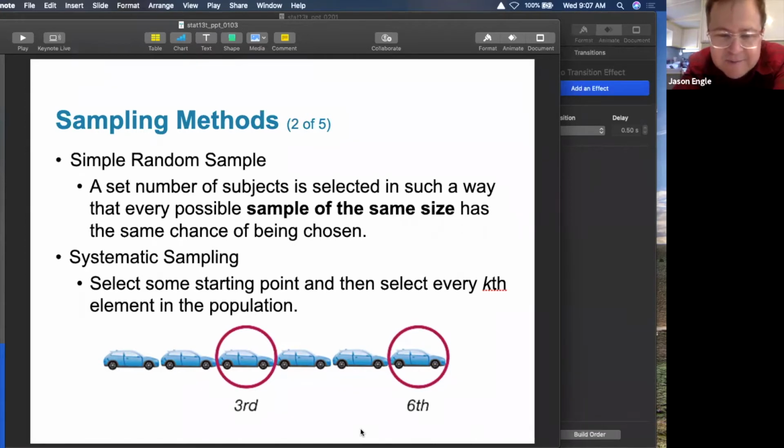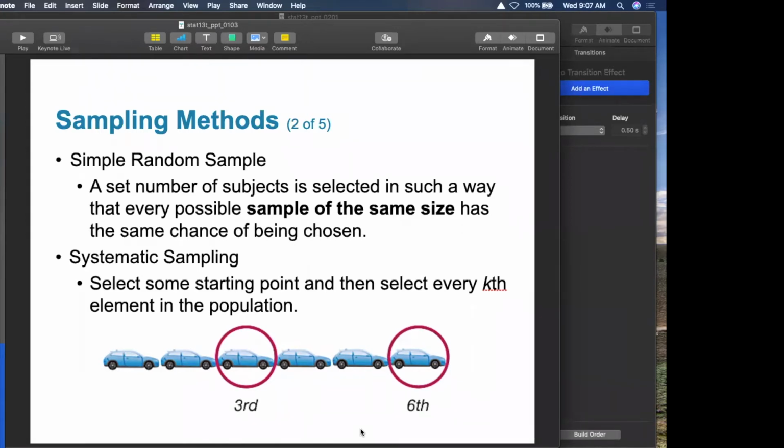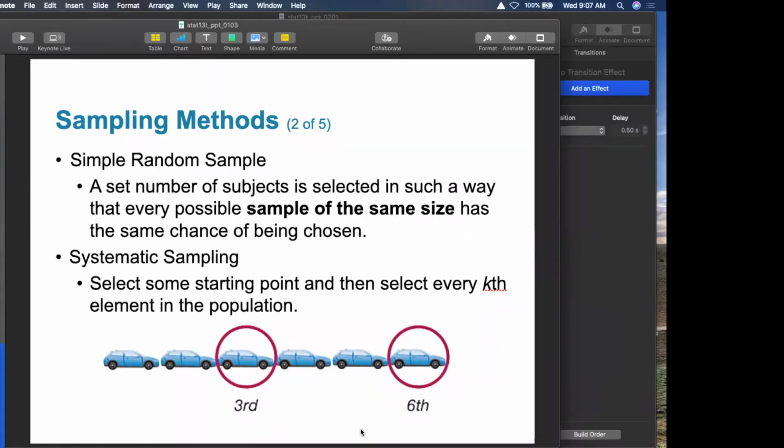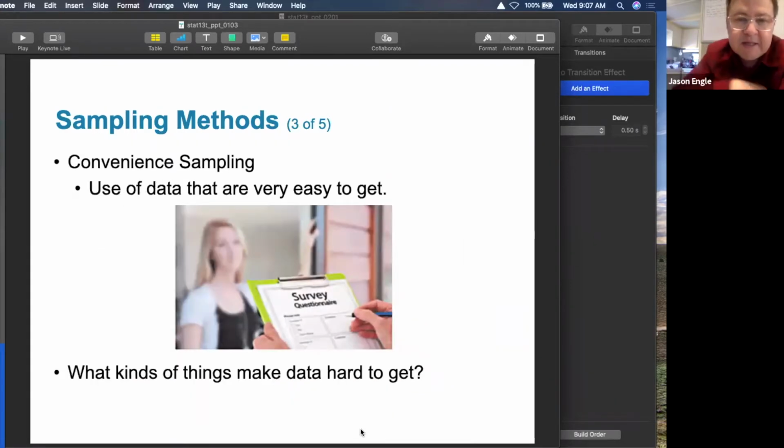Does that make sense? Every 100 meters, they'd grab a handful or a cup of gravel and then take it back to the lab and take their measurements. But this is also an example of systematic sampling. Anyway, that's the simplest systematic sampling.